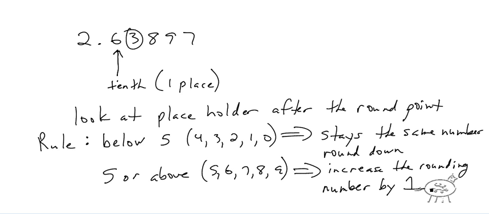That's the rule. So you look at the number after the place and you decide: if it's below 5, you round down, you keep the number the same. If it's 5 and above, you round up.